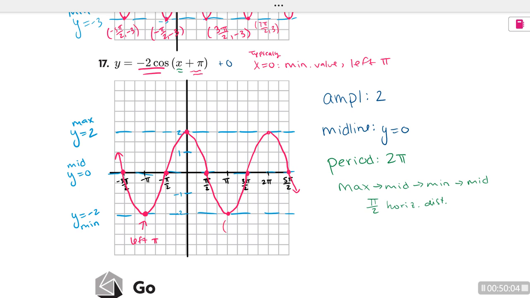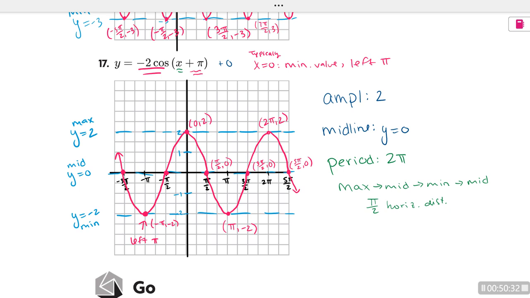And let's do some labeling. So here we have pi, negative 2. Here we have 2 pi, positive 2, 0, 2, and negative pi, negative 2. And why not, let's label these in between ones, right? Pi over 2, 0, 3 pi over 2, 0, 5 pi over 2, 0.